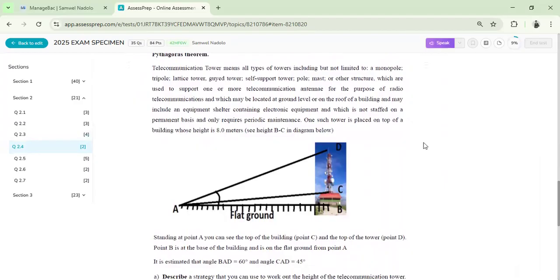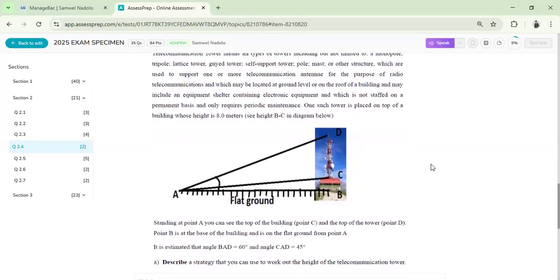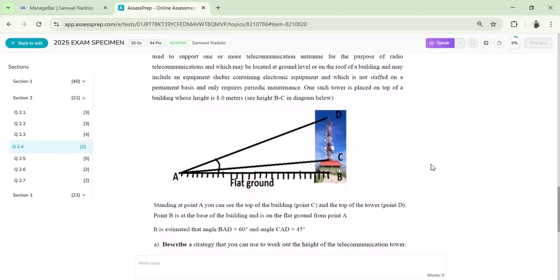Telecommunication tower means all types of towers, including but not limited to a monopole, tripole, lattice tower, guyed tower, self-support tower, pole, mast, or other structure, which are used to support one or more telecommunication antenna for the purpose of radio telecommunications and which may be located at ground level or on the roof of a building, and may include an equipment shelter containing electronic equipment and which is not staffed on a permanent basis and only requires periodic maintenance.